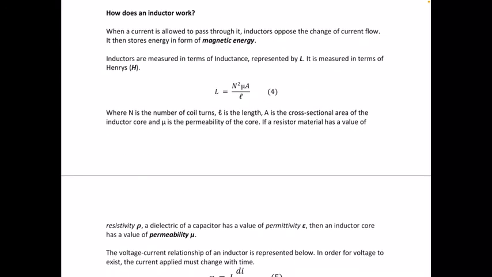So if a resistor material has a value of resistivity and the dielectric of a capacitor has a value of permittivity, then an inductor core has a value of permeability, which is represented in mu.